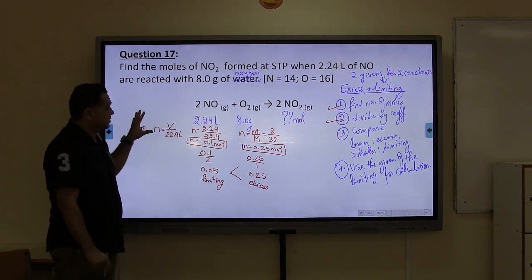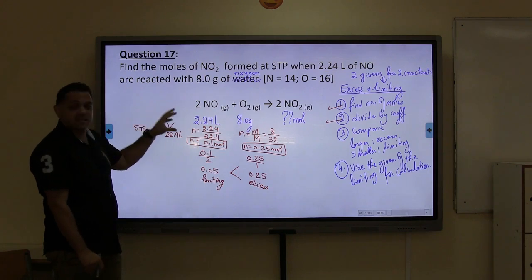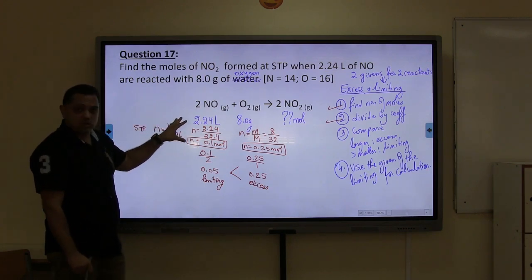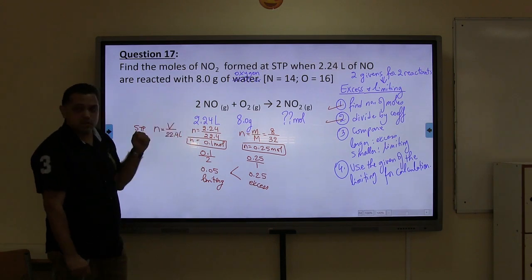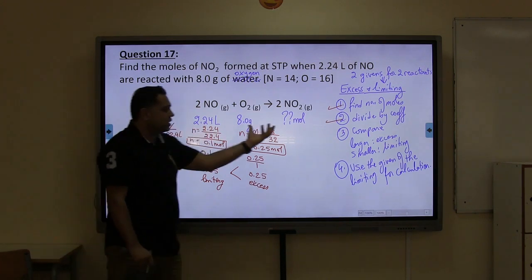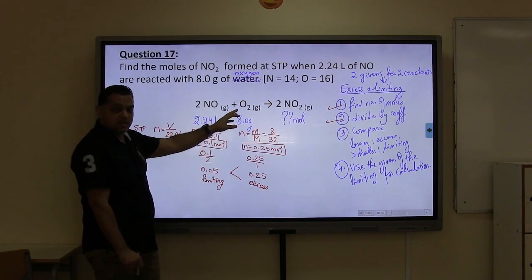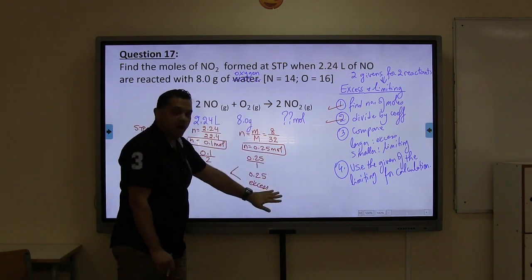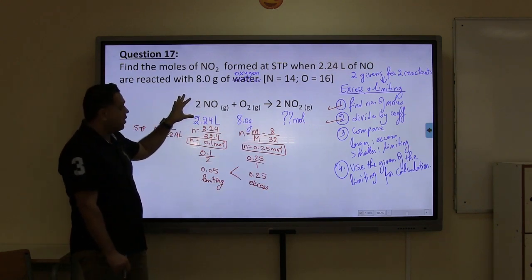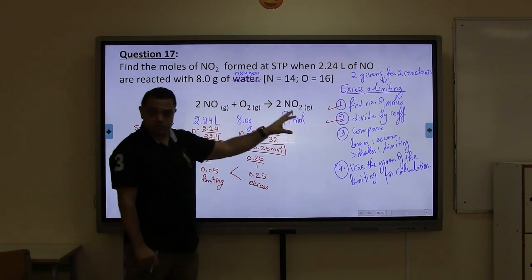So this is the first step here, to find excess and limiting. Why do I want to find the excess and limiting? In order to use the given of the limiting for the calculation. So I need now to find the number of moles of the NO2. Since oxygen is in excess, as if oxygen is not there, I will use only the NO. So now I want the ratio between NO and NO2.